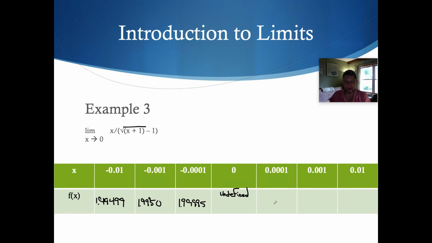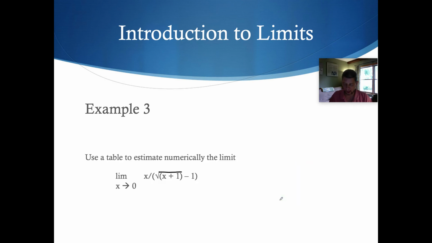Let's do the same thing on the other side. 0.0001, square root, minus 1, divided by that is, okay, that gives me 2.00005.